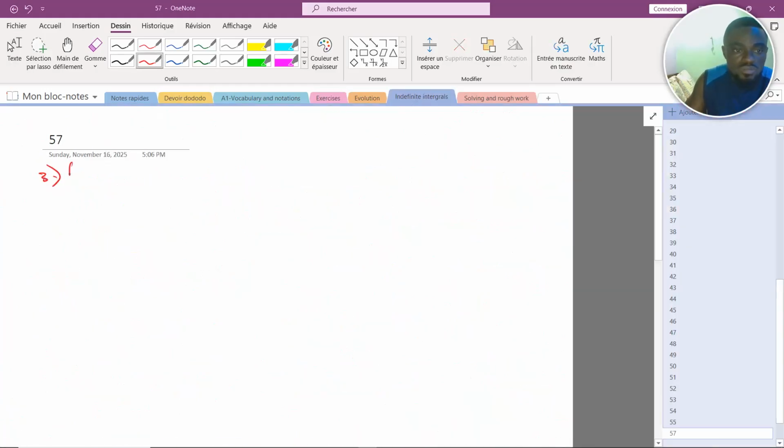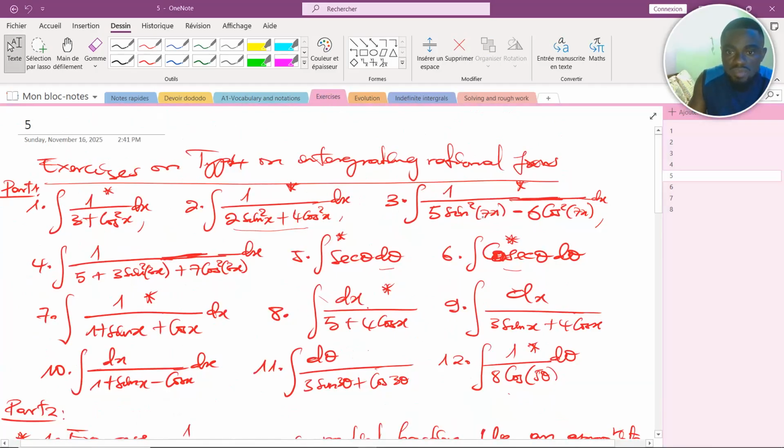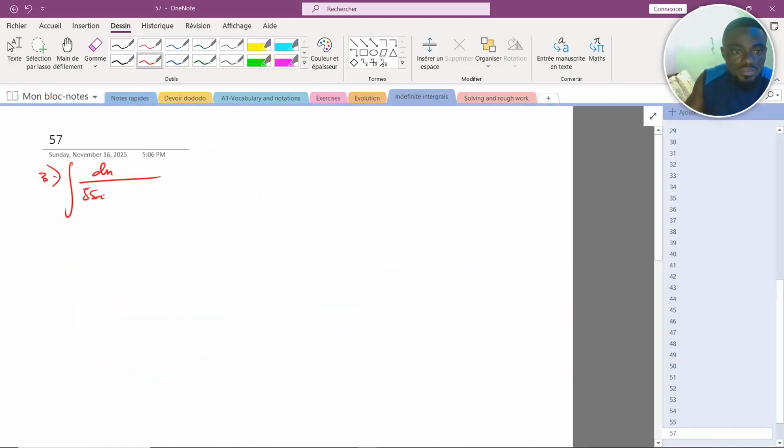Question 3, you have the integral of dx all over 5 sine square 7x, pardon, minus 6 cos square 7x.